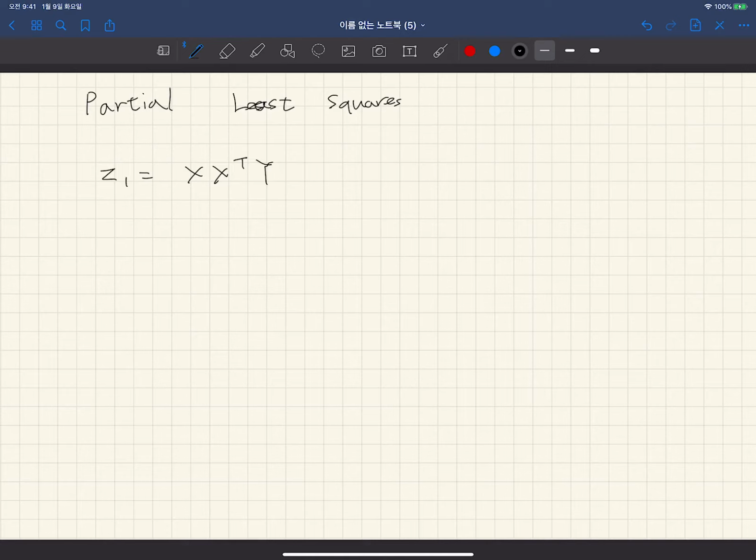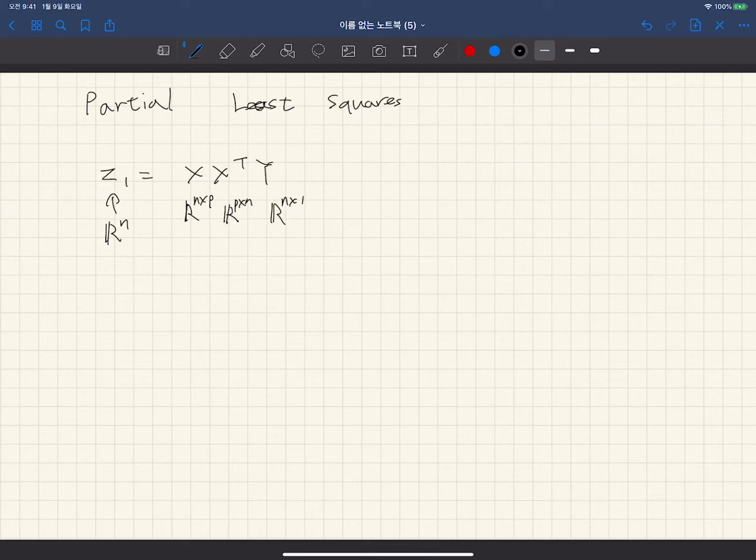This is again n-dimensional, because X is n by P, X transpose is P by n, and Y is n by 1. When you multiply X transpose Y, you end up with an n-dimensional vector.